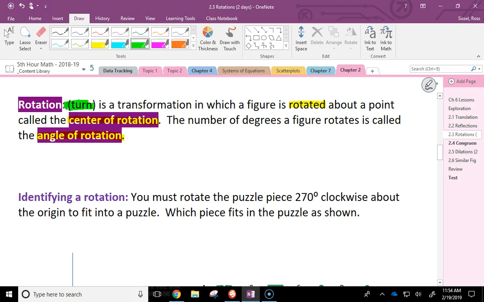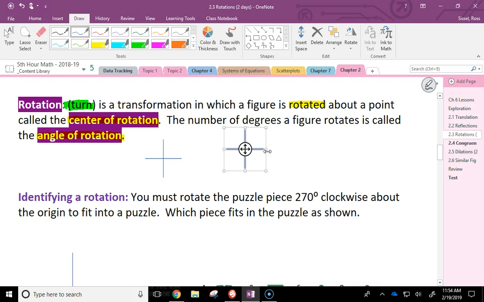Alright, so there's a couple things I am going to ask you to probably draw in your notebook real quick. It is also called a turn. Okay, I'm going to draw somewhere on my paper just to make sure we understand what we will be working with right now.